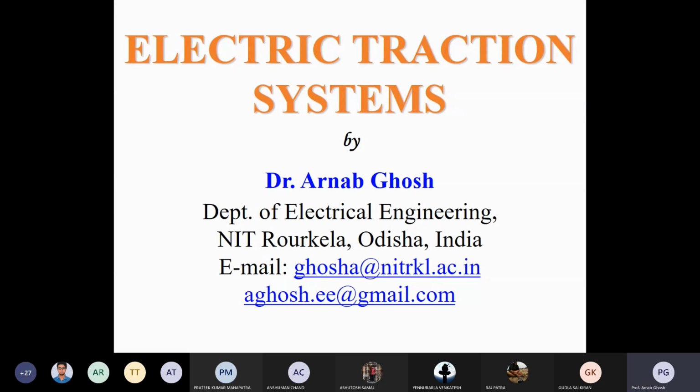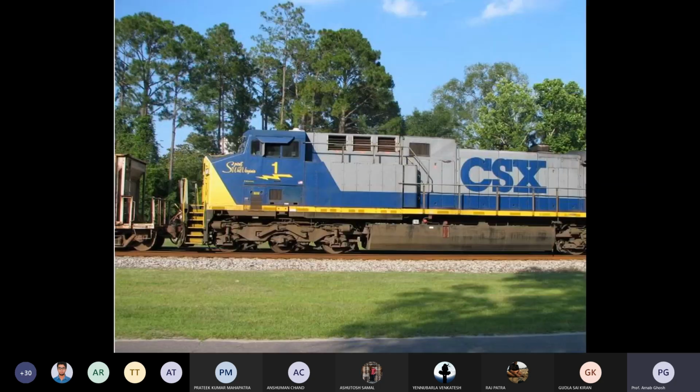Today I am going to discuss some electric traction systems for Indian Rail, meaning railways. On this slide we can see a locomotive. What type of locomotive is it? It is not an electric locomotive, because there are no electric contacts and no overhead wire.